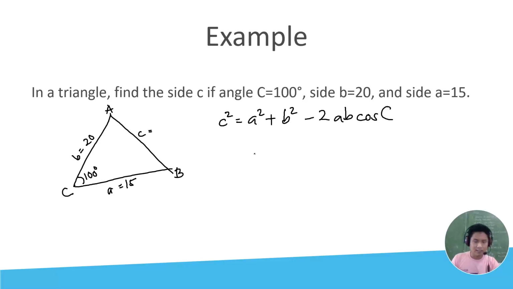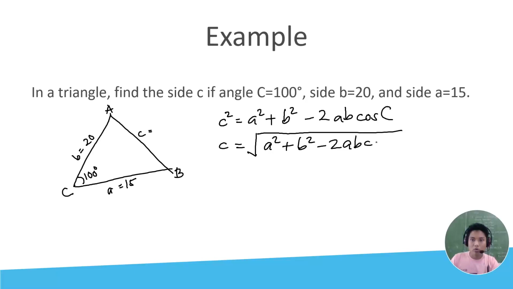Since side c is unknown, take the square root of both sides to isolate c, so that the second degree, or the exponent of c, will be cancelled out. So c equals the square root of a squared plus b squared minus 2ab cosine c.